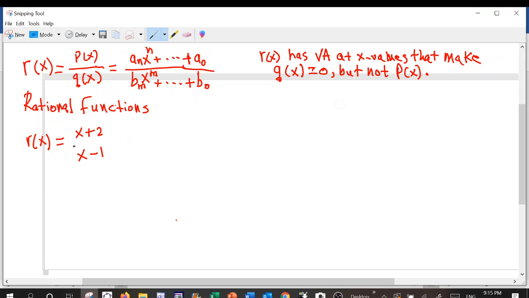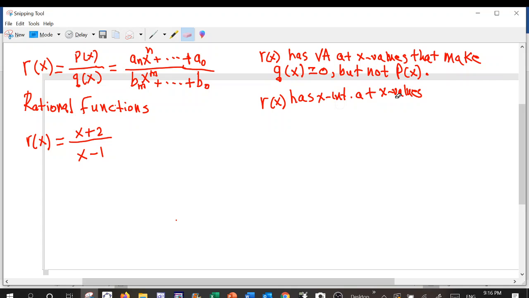Now, so we say r of x has x-intercept at x values. When we say x values, of course, they have to be in the domain. So if we get x values here that make the denominator 0, we're going to take them out of the domain, right?